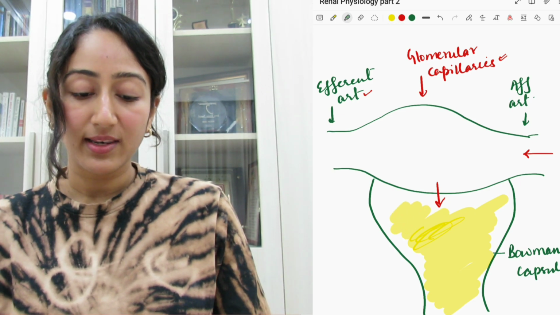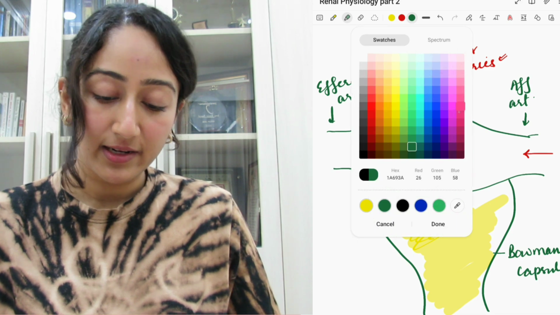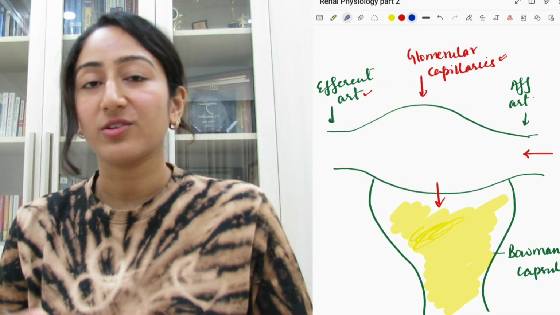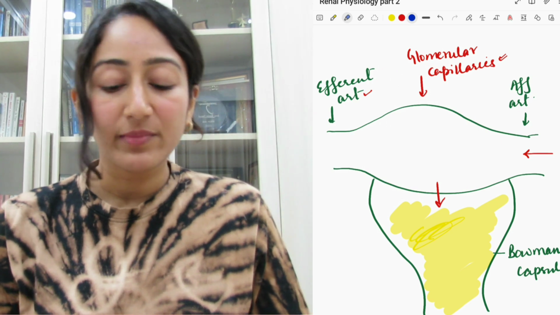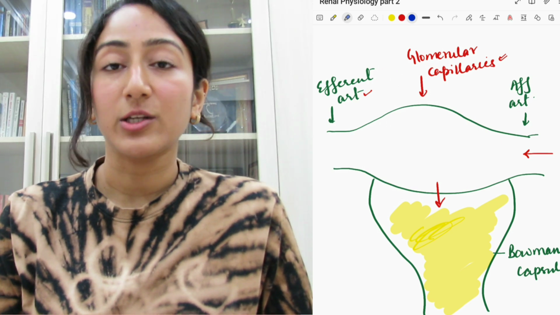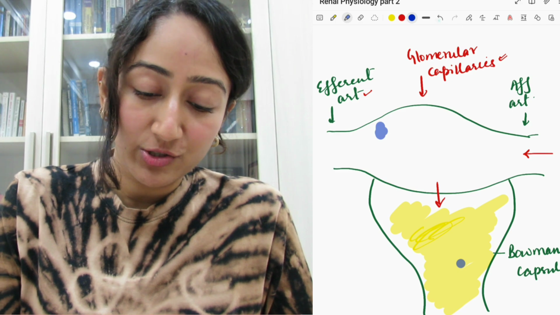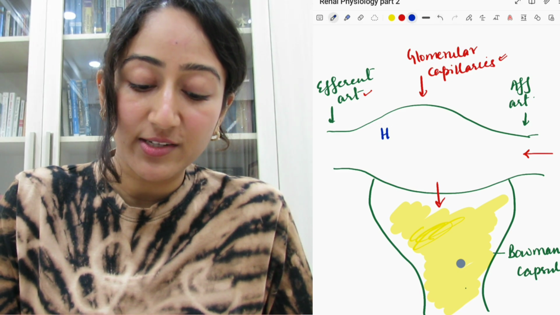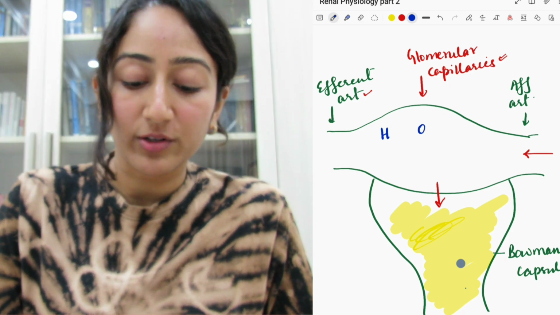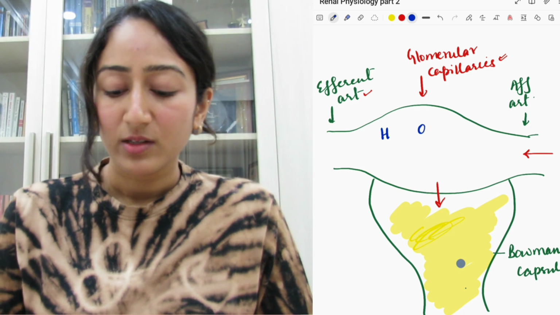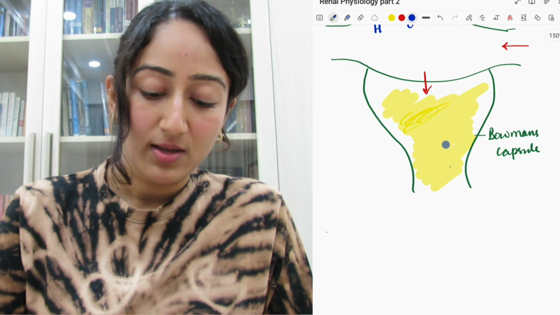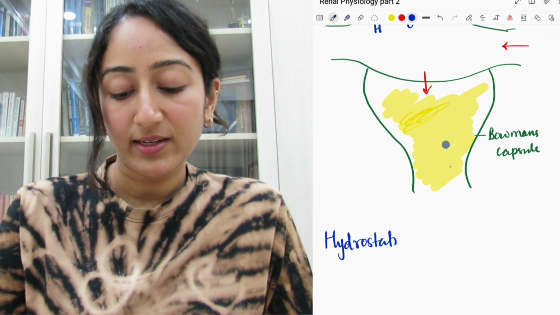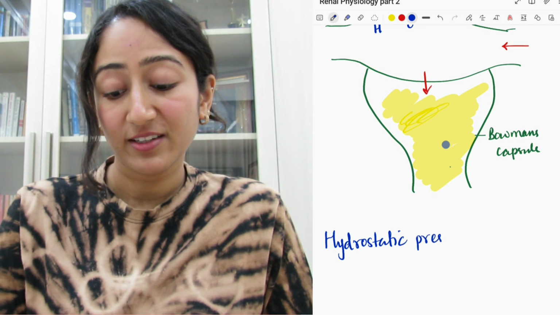Alright, so let us now talk about some important terms like hydrostatic pressure and oncotic pressure. Let us denote the hydrostatic pressure by H. Let us say hydrostatic pressure is H and oncotic pressure is O. So guys, I'm sure a lot of you already know what hydrostatic pressure is, but let us just revise it.